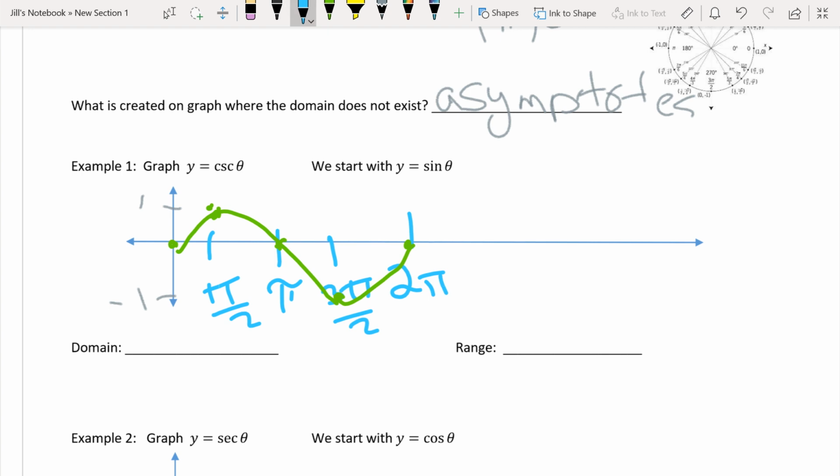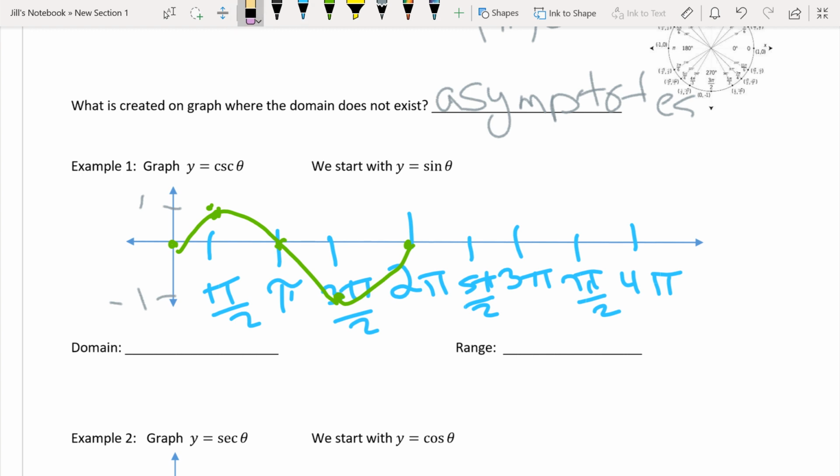Okay, so the next period would end at 4 pi. And then right in the middle, we would have 3 pi. And then, so that's 3 pi over 2, 4 pi over 2, this would be 5 pi over 2, 6 pi over 2, and 7 pi over 2.